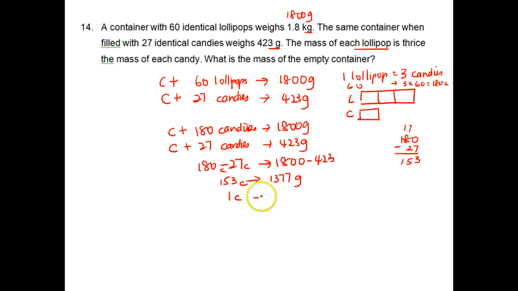One candy will be 1,377 divided by 153, which is 9 grams.